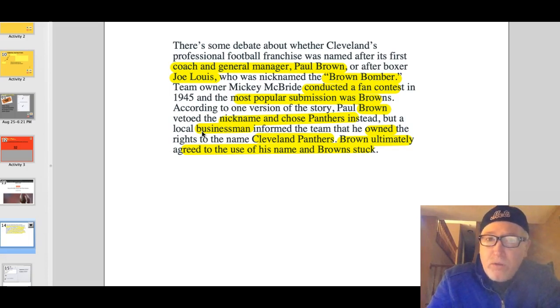But Paul Brown, the general manager, said, "No way are we doing that. We're doing Panthers instead. I want the team named after me." But a businessman in Cleveland pointed out that he owned the rights to the name the Cleveland Panthers. So Paul Brown ultimately had to agree to use the name Browns, and it stuck. And since he ultimately agreed to it, most people say that the real reason the team got its name was because of him.